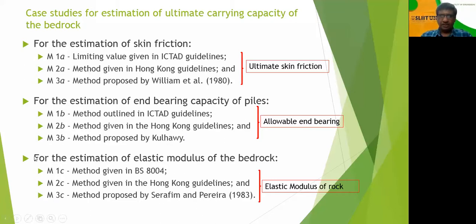And for the elastic modulus of the bedrock, which I did not talk about, we compare that as well, using what is given in BS 8004, we determine it and compare that with the measured value, and the method given in the Hong Kong guidelines and the method given by the PRA, which is again another empirical method.